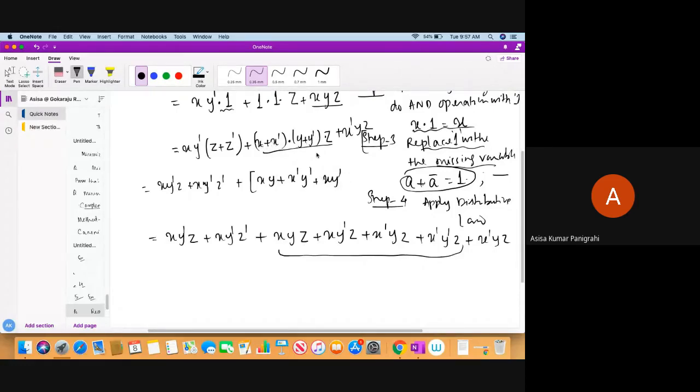Okay, X bar Y. You can also make it like this, plus X bar Y Z. Understand this one as it is. This you can make it like this, and finally in this form. So I have just applied the distributive law.